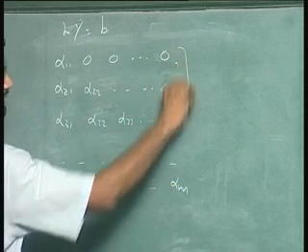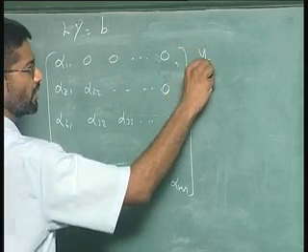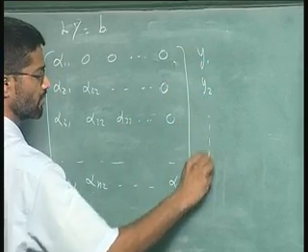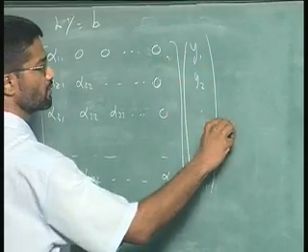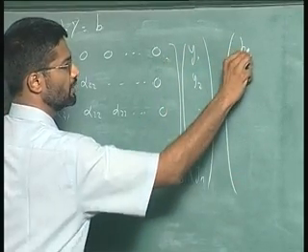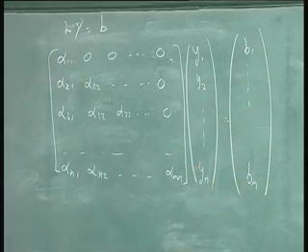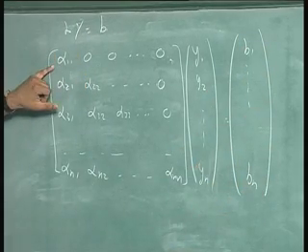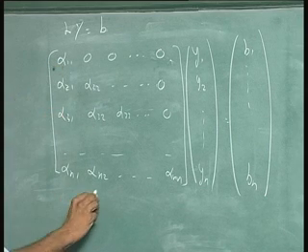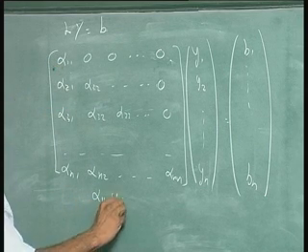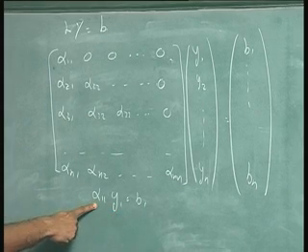So we have an equation like this now, with a lower triangular matrix, multiplying y1, y2 up to yn, equal to b1 up to bn. That's the matrix equation we have. Now we can easily solve this by forward substitution. The first equation is alpha 1 1 y1 equal to b1, which I can solve for y1 because I know alpha 1 1.